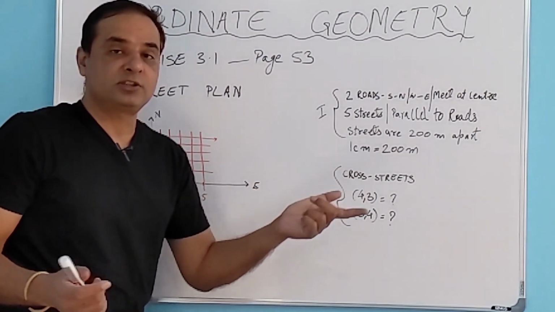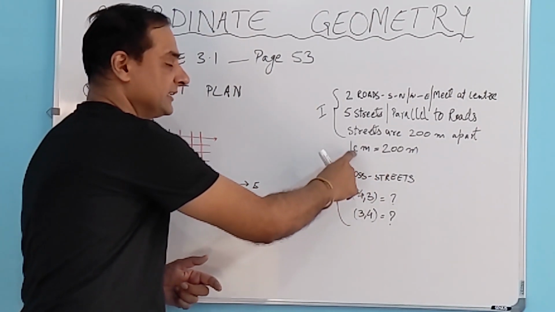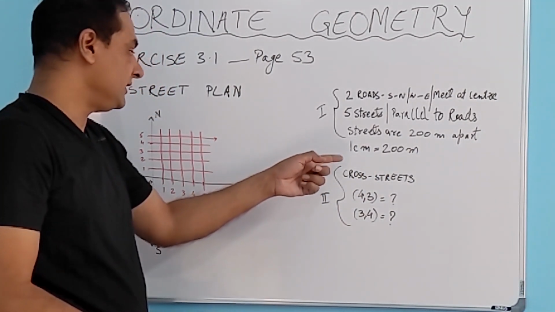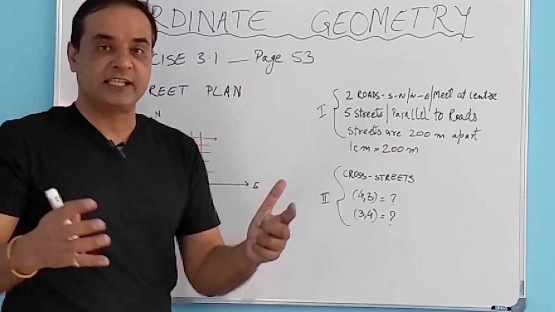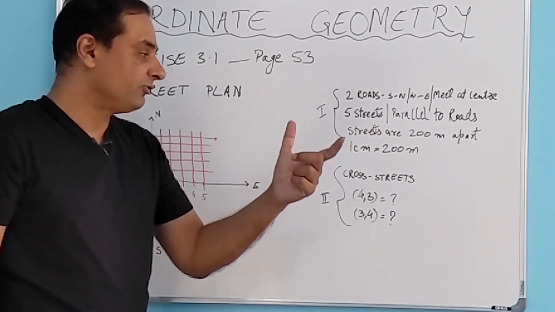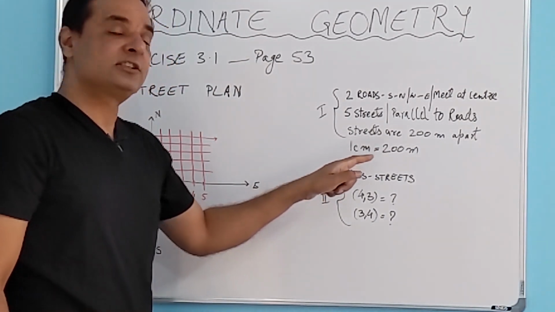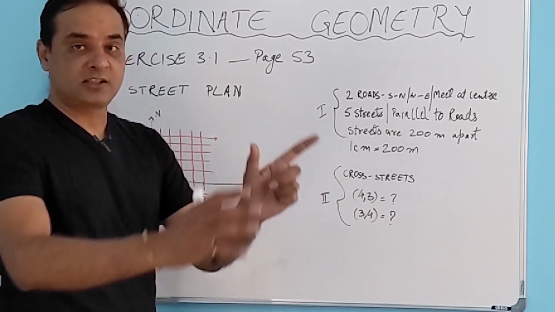Now also in the question it is given that on paper we can consider 200 meters as 1 centimeter. So usually when we draw bigger areas like societies or cities on paper, of course on paper we do not have unlimited space, so we scale it down. So this is basically known as scale. 1 centimeter equals 200 meters on the ground.